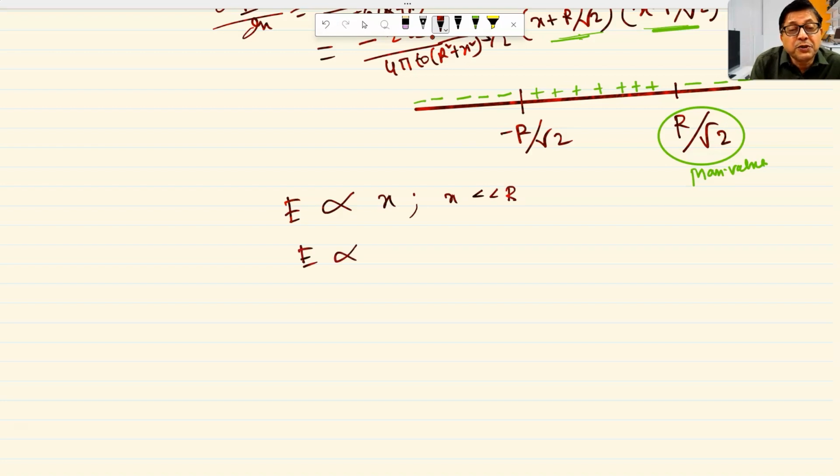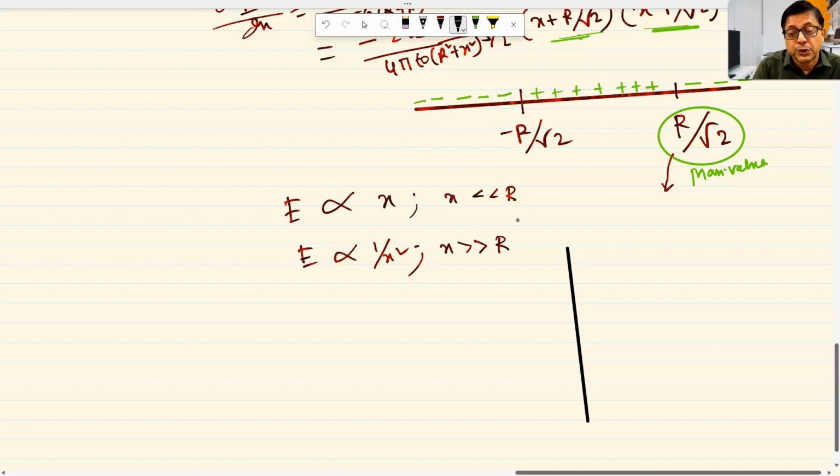E is proportional to 1 by x square when x is much larger than r. And just we have observed maximum occurs here. So this information is enough to draw the graph here.